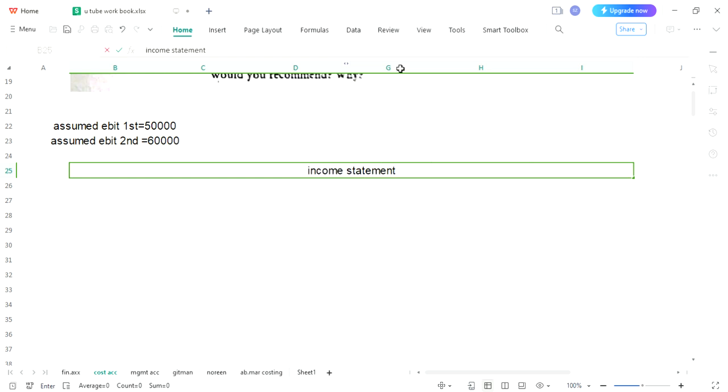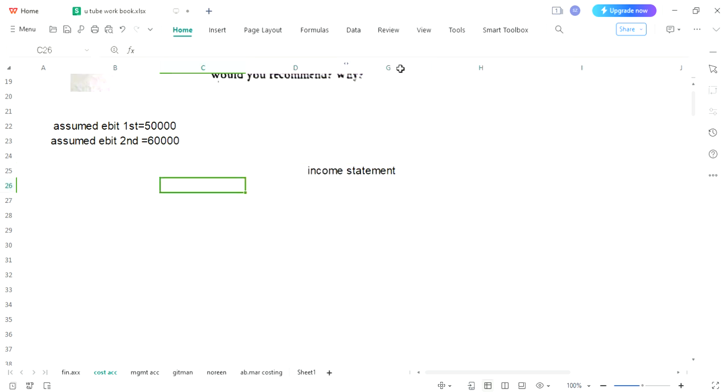So we are going to write down the income statement. Alright guys, here we write our units, then per unit, and then the amount. Sales were supposed to be given here, not present in the question. Fixed cost was supposed to be here, not present.